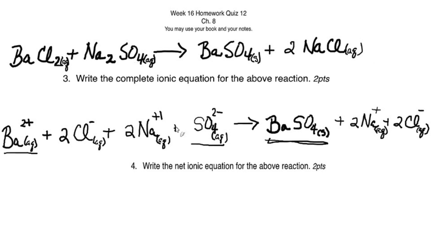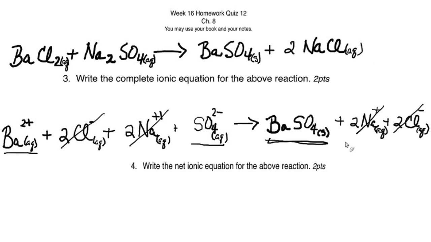Everything else is called spectator ions, and you have one on this side, and you have one on this side, so they cancel each other out. Because they haven't changed from the reactant side to the product side.